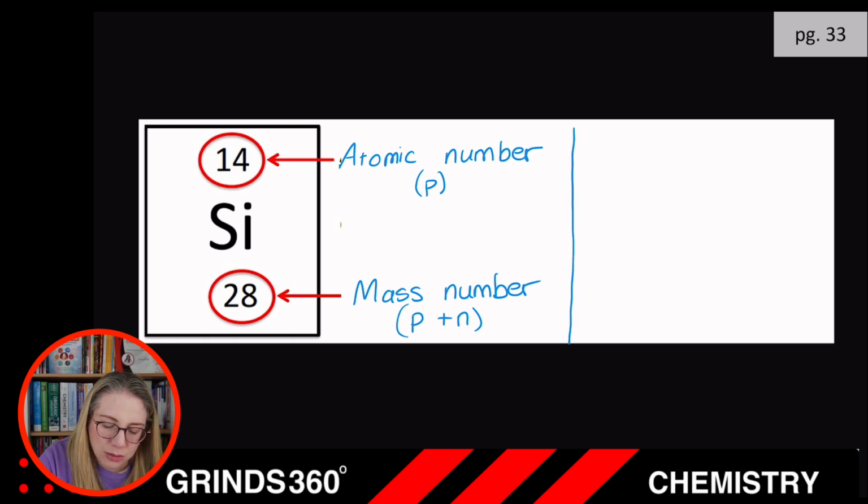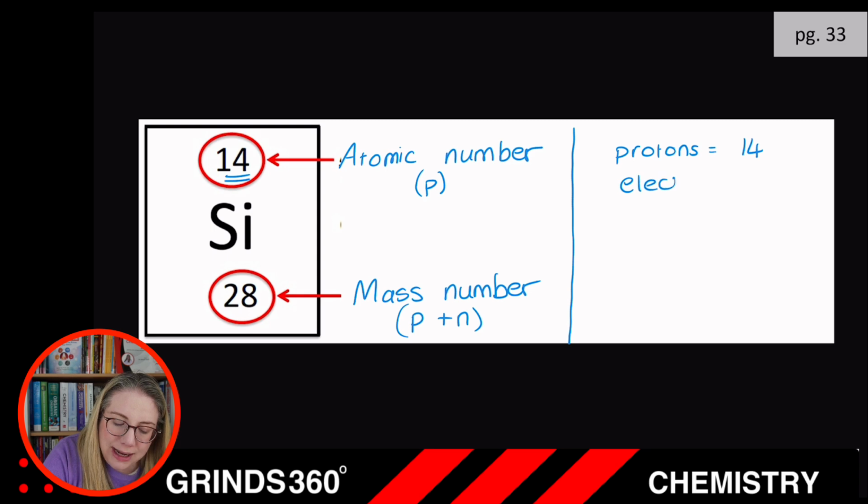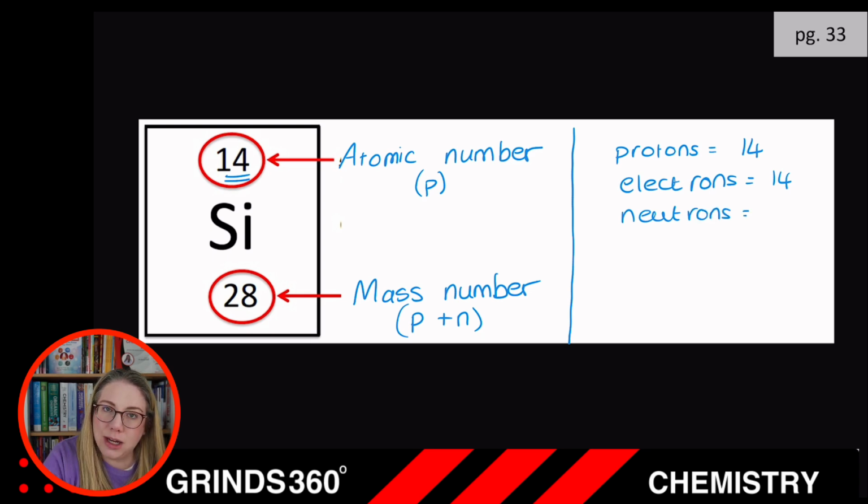If we were to count the number of subatomic particles here, silicon has 14 protons in the nucleus. How many electrons have we got going around the nucleus? We have 14. And how many neutrons have we got? Now remember, for your neutrons, it's the big number minus the small number. That will be 28 minus 14, which is 14. So you have 14 each of the protons, electrons, and neutrons.